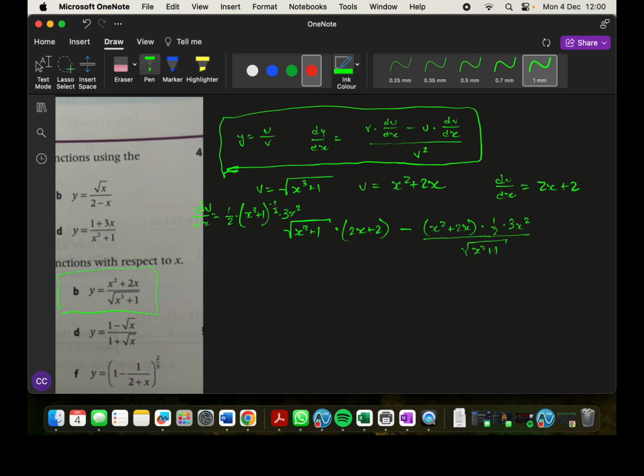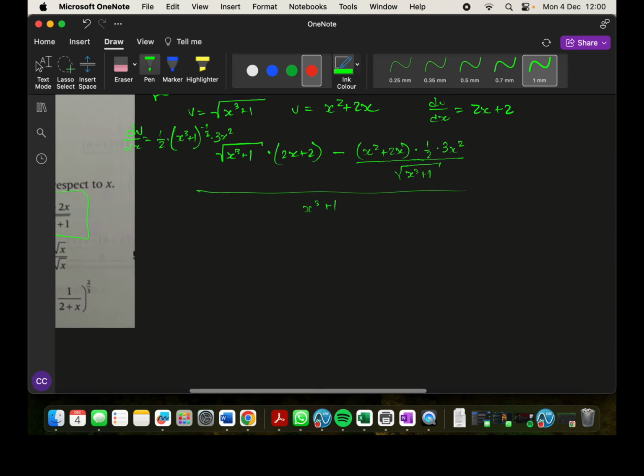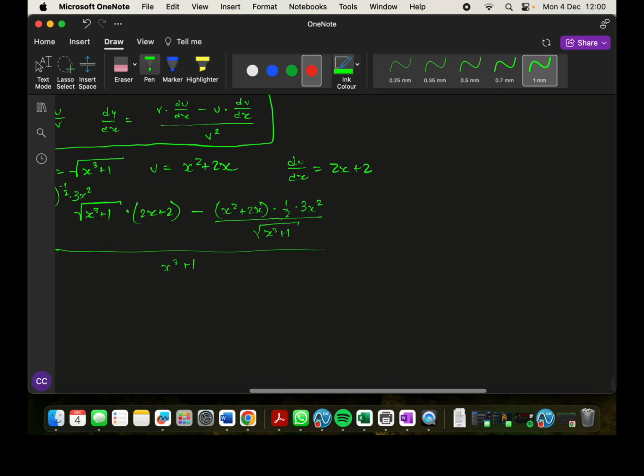All right, so working with this denominator, obviously this would be all over x cubed plus 1. I just want to focus on the denominator, and then I will bring it all back together. To make this denominator work, I have to get common denominators. So this has to be the same in both.